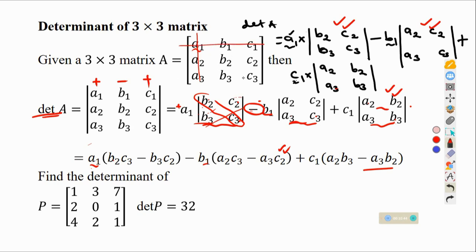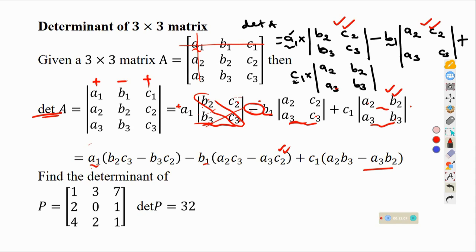So the remaining values, you take their determinant, which is the determinant of a 2 by 2 matrix, which we have already covered so far. So that is how we obtain the determinant of a 3 by 3 matrix, but we can understand this very well when we look at a few examples.